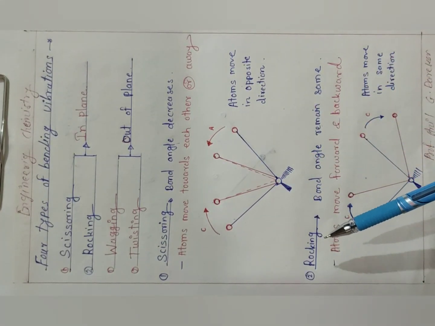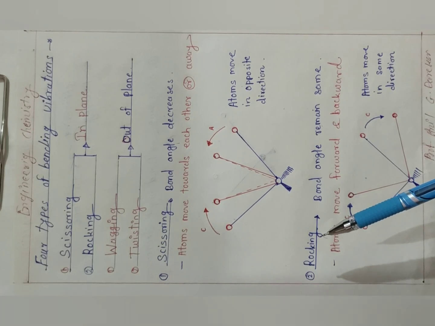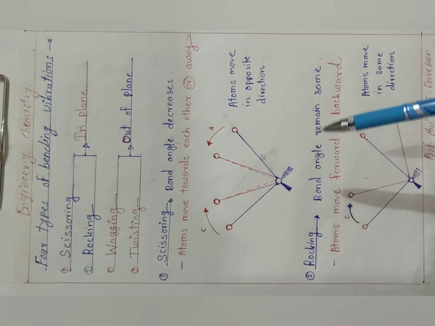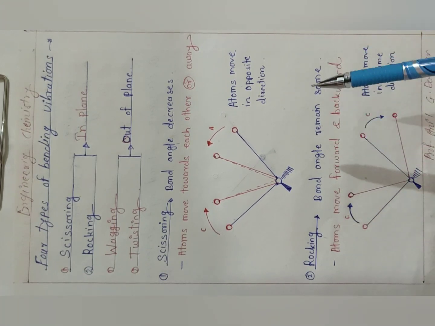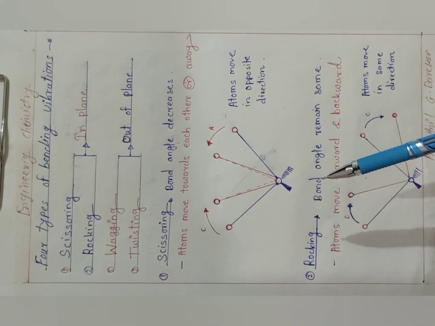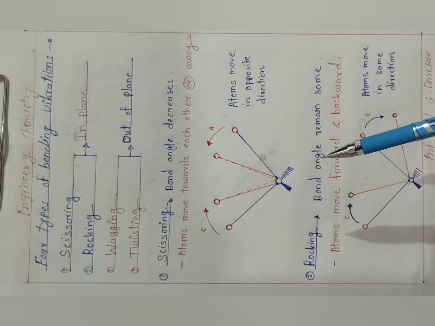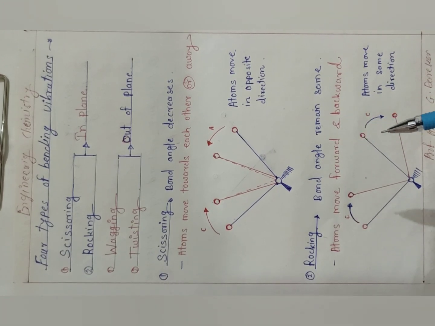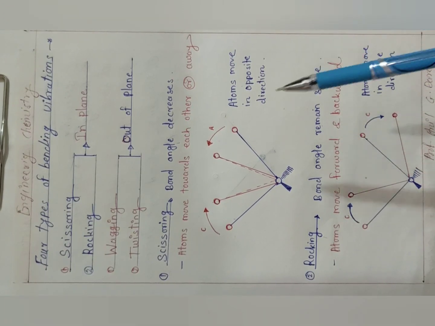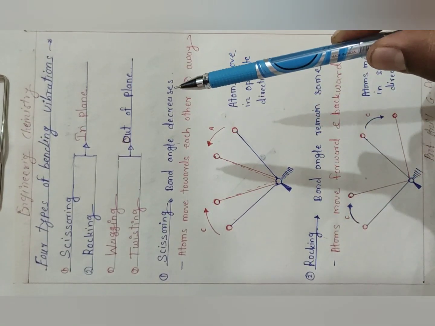Then next one, rocking. Rocking, like a rocking chair, forward, backward. Here bond angle remains the same. Like a rocking chair, the structure remains constant, right? Folding of the chair will not take place. Simply the chair moves forward and then backward. So in rocking, bond angle remains the same, while in scissoring, bond angle decreases.